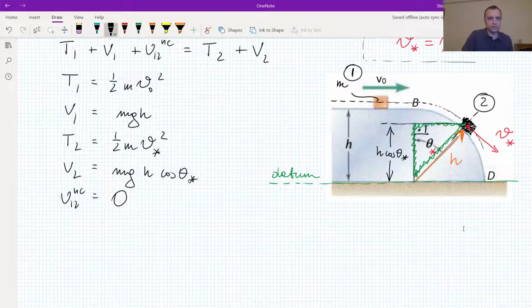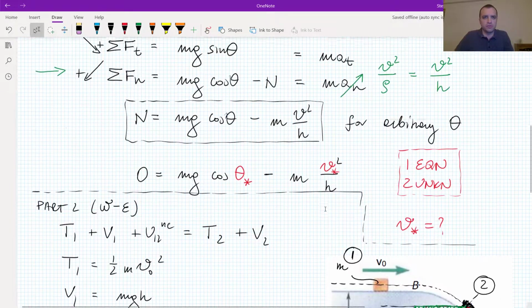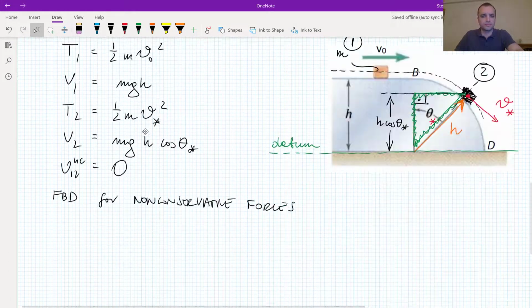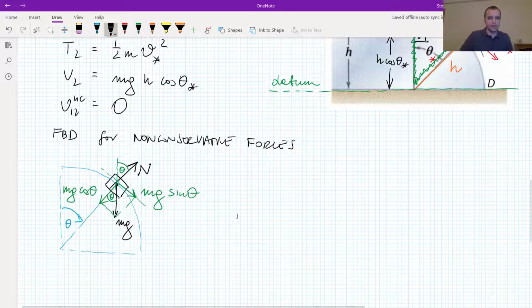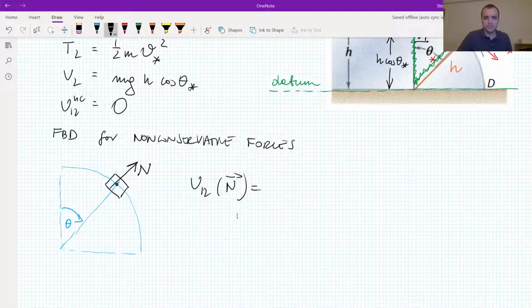Because the only non-conservative force, and I can use the FBD I already have here, or redraw it, is our reaction force N. And you all know that the work of reaction forces is 0.